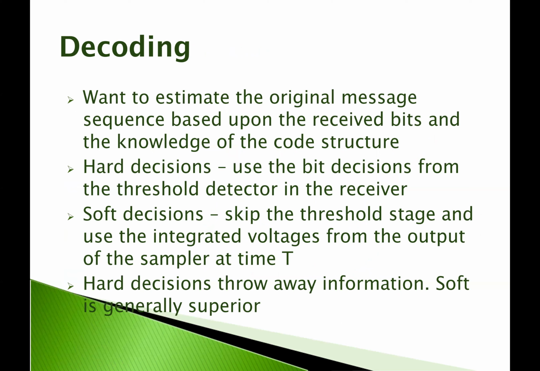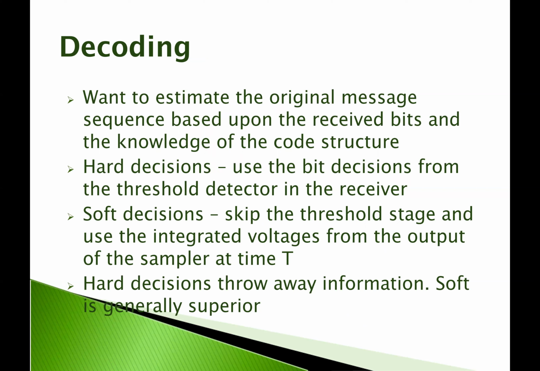Now, decoding. We want to estimate the original message sequence based upon the received bits and the knowledge of the coded structure, right? Our receiver only sees these received parity bits, and it's trying to make the best estimate of them, but we know that there are going to be errors in that system, randomly at some rate. But we know the structure of this, what it should look like. So we try to match that up, and we try to match it up over time, right?